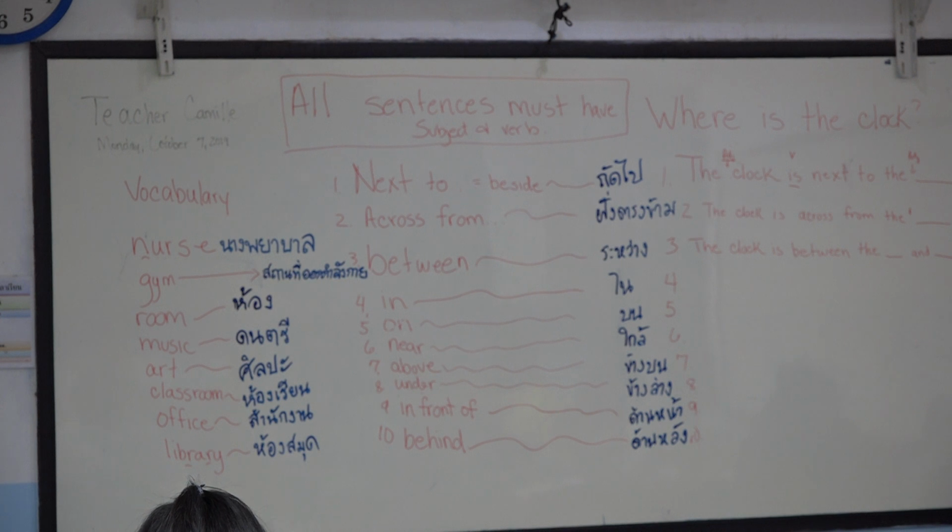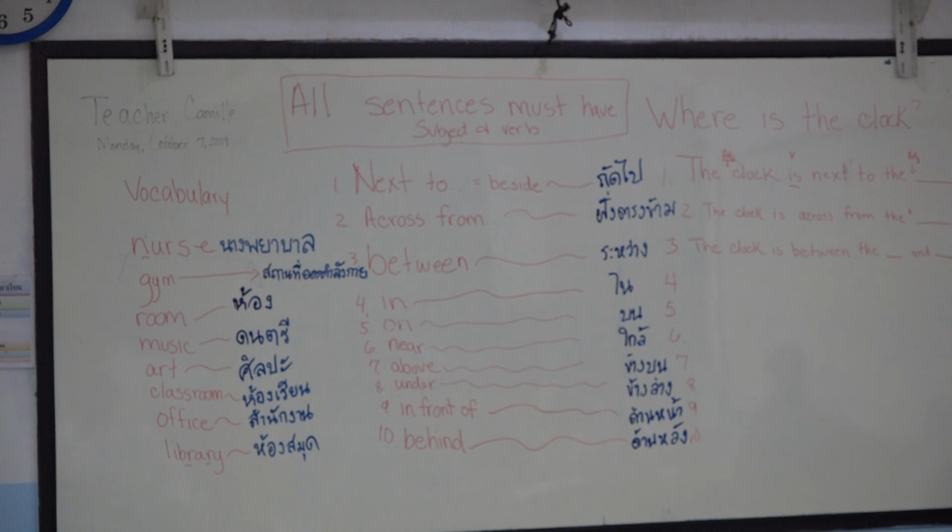What is the clock in front of? I don't know. You can say the clock is in front of nothing. That's okay. But you can say the students are in front of the clock.